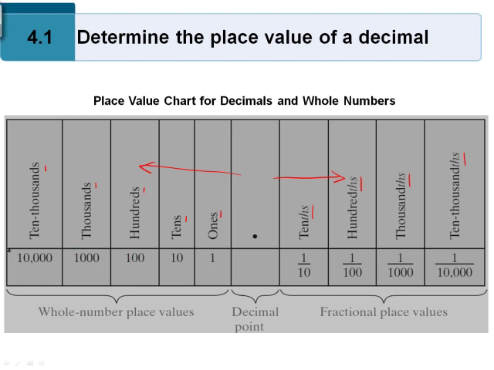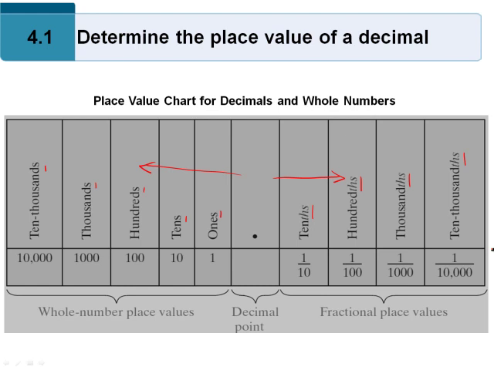After that we'd have 100,000s and millions. To the right of the decimal point, our first place value is tenths, then hundredths, thousandths, 10,000ths. The next would be 100,000ths and millionths. I don't think we're going to go anywhere past that.